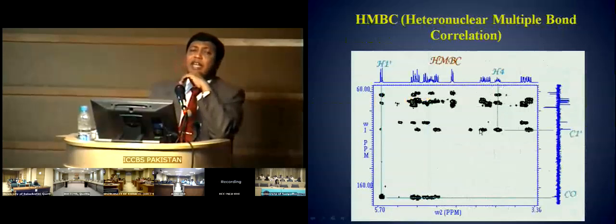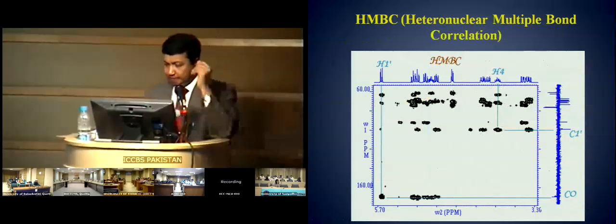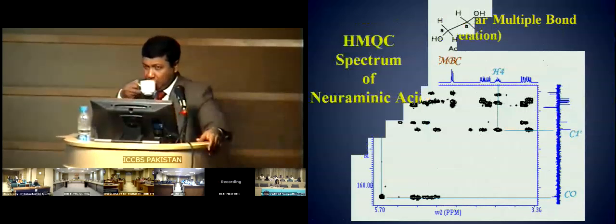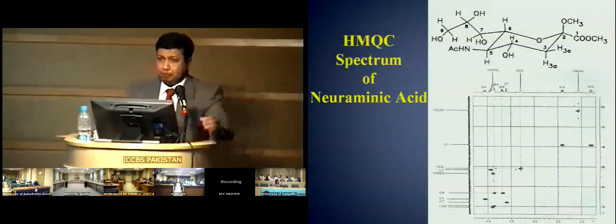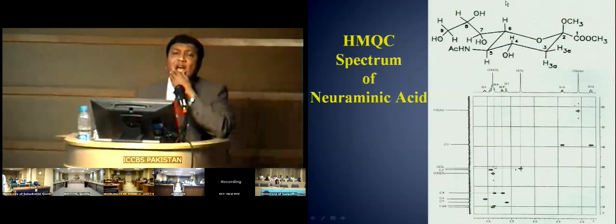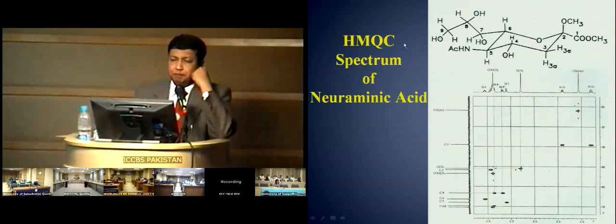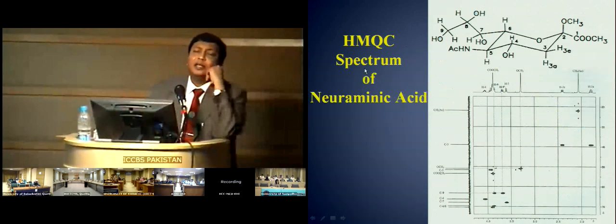Now, there is a variant of inverse NMR spectroscopy, HMQC. HSQC and HMQC, these both techniques are for the heteronucleus. So I guess we can record both of the techniques for either carbon or nitrogen.